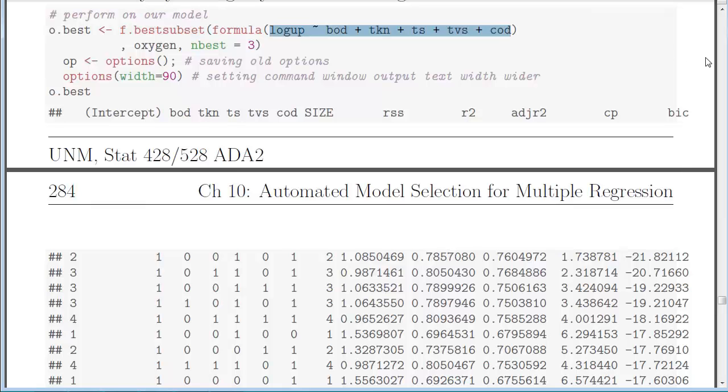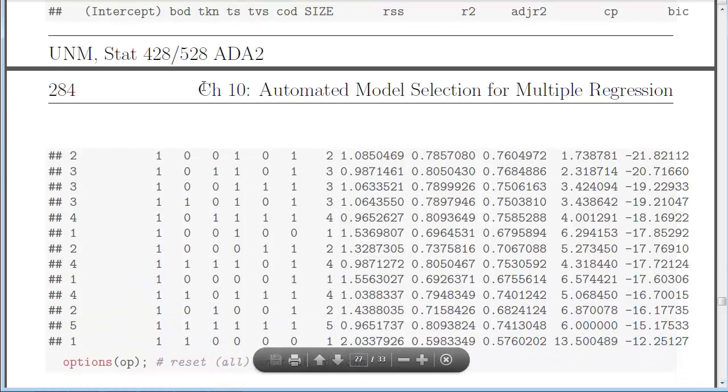But in terms of just focusing on the simple goal of fitting this model, let's just do a simple regression where we just have main effects. So I'm looking at the best 3 models for each model size.